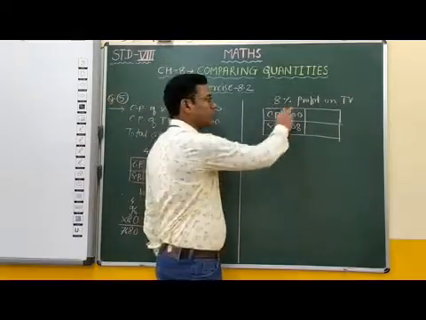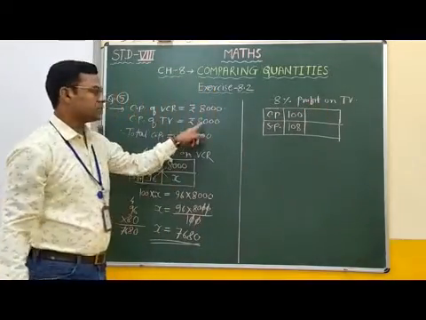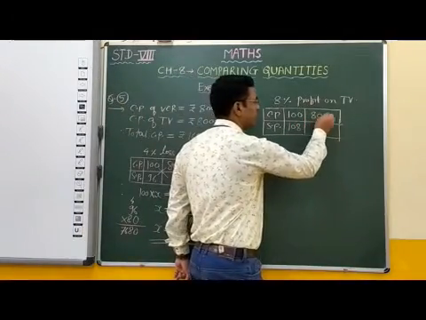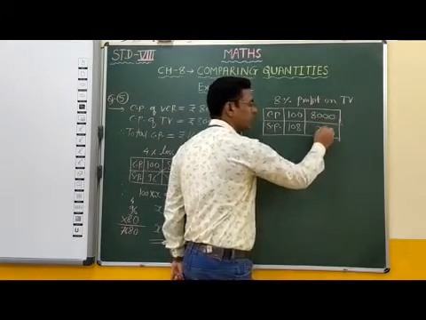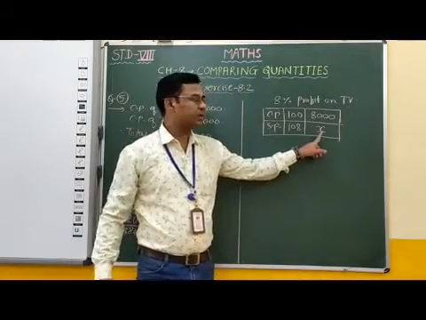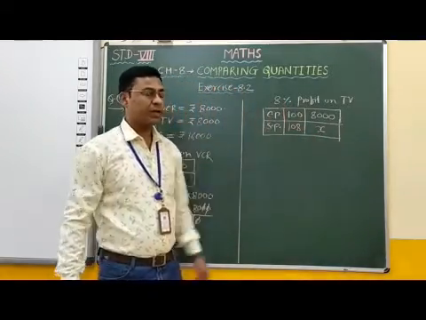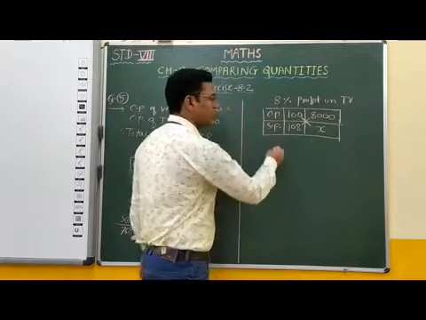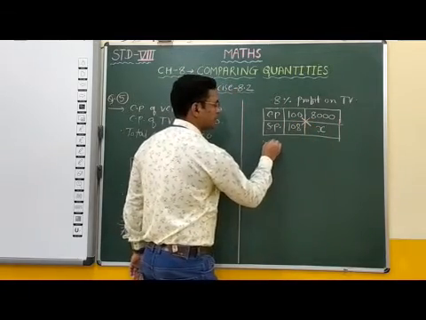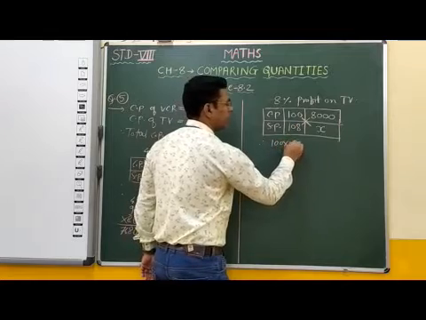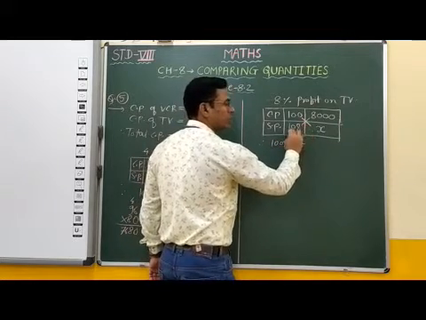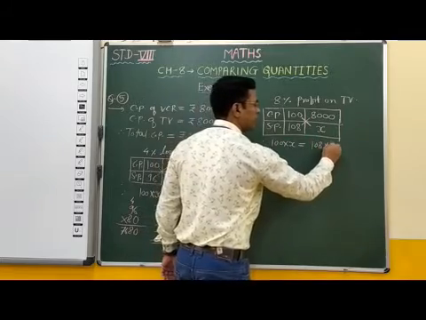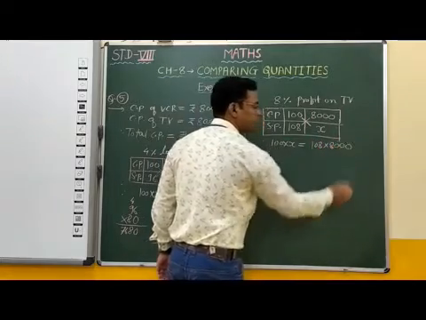Now cost price of TV is equal to rupees 8,000. Therefore here we have to write 8,000 and we have to find out its selling price with 8% profit. Therefore here we have to make cross multiplication. Therefore 100 into x is equal to 108 into 8,000.